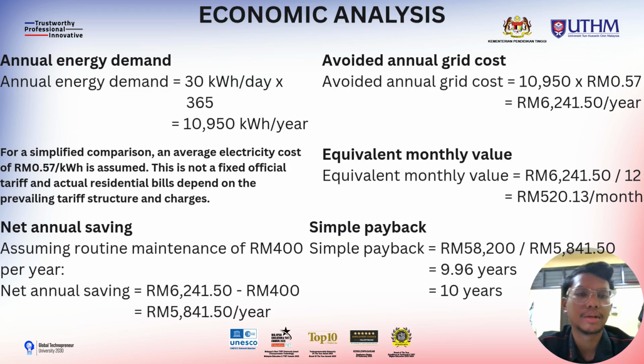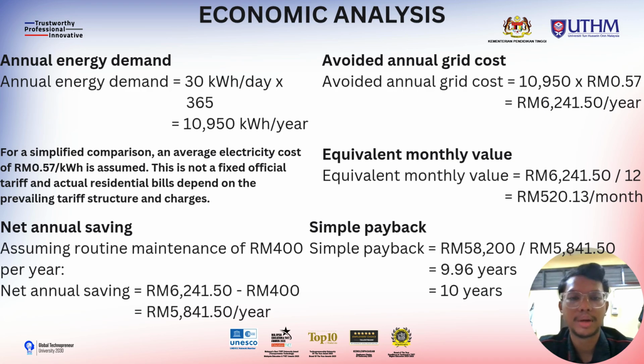For equivalent monthly value, the calculation is 6,241.50 over 12. The total is 520.13 per month.